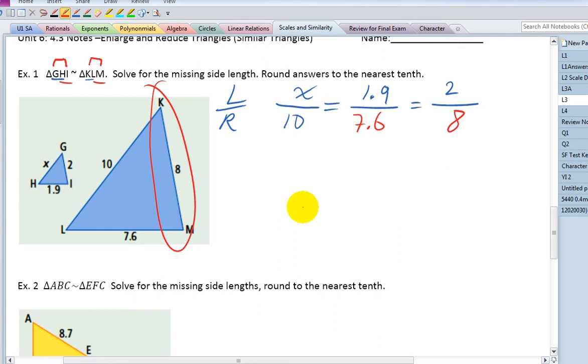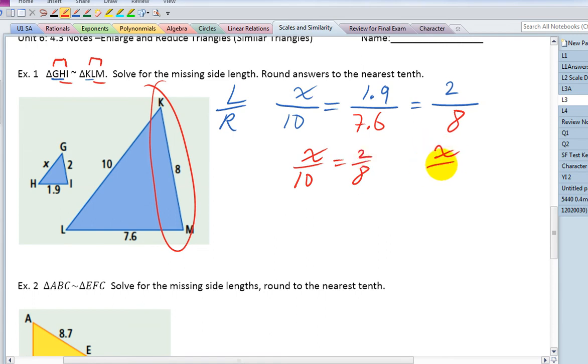So you have a choice. You can use 1.9 over 7.6 or 2 over 8. Doesn't matter. I don't feel like working with decimals, so I'm going to use 2 over 8. But they'll both give you the same answer. I'll show you.